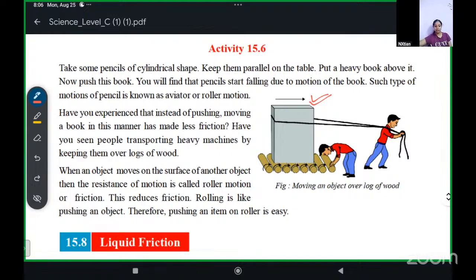Correct. What happens here is that the rulers, or the pencils, or the logs of wood are in motion. They turn, so that is known as roller motion. Now, that helps in transporting heavy machines, or helps us slide down when the movement continuously takes place of all the rulers together, or here all the wood logs together.